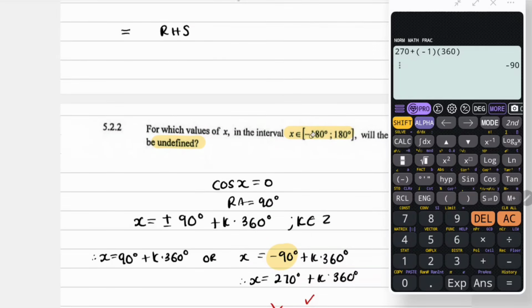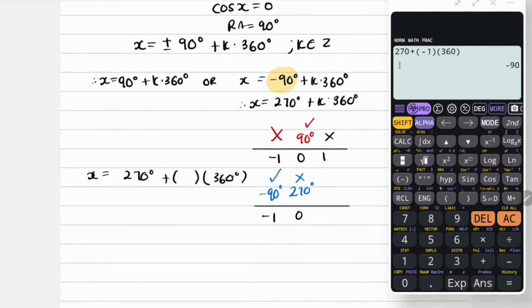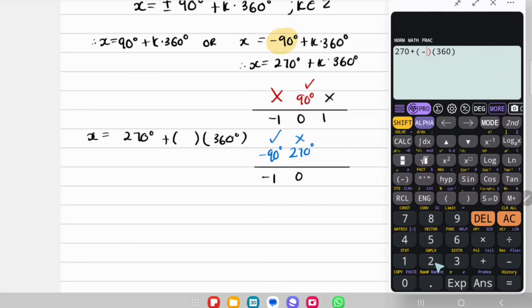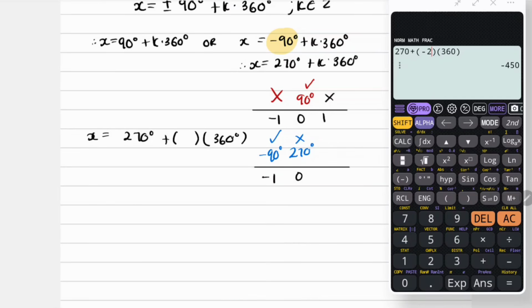It is greater than negative 180 but less than 180. Since negative 1 worked, you can try negative 2 just to see if it works. Probably not, and you see it's way too far. So negative 2 doesn't work. We don't have to try anything else. So the only solutions for x within that interval are where x is equal to positive 90 degrees or where x is equal to negative 90 degrees.